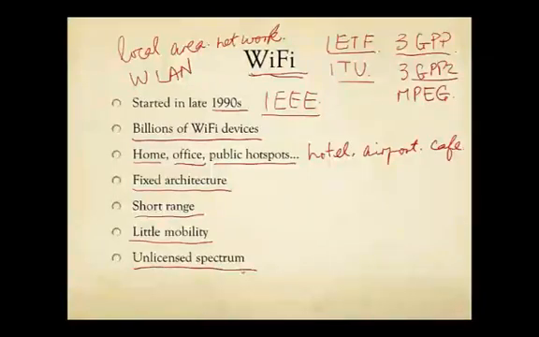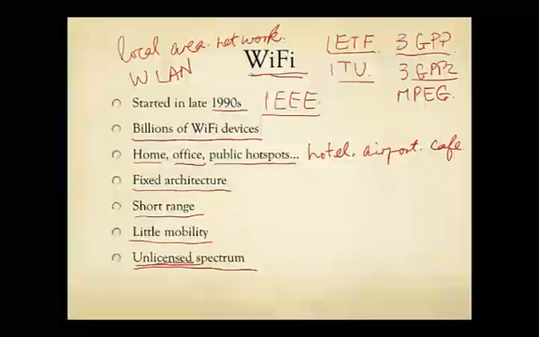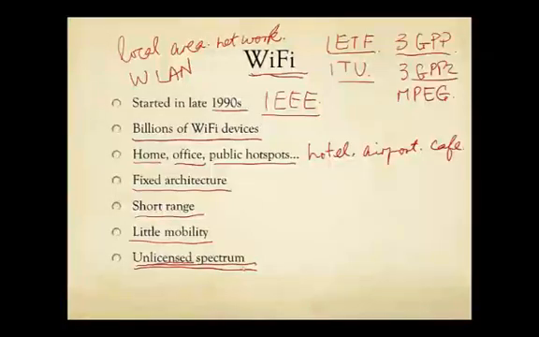But the biggest difference might be the underlying physical media. In cellular, what they use is licensed spectrum. You have to pay billions of dollars to the government to acquire the right to transmit in that frequency range. But for Wi-Fi, they use so-called unlicensed spectrum. There are quite a few different unlicensed spectrum.